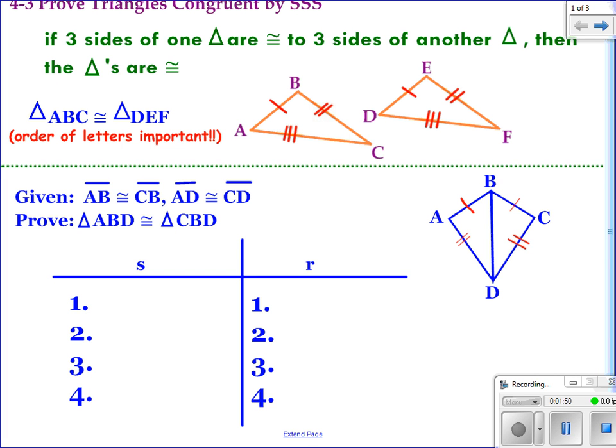What do you think we could put for number 1? Yep, let's put this one. AB is congruent to CB. Reason is given. That's number 1. Next, we could say the other given.